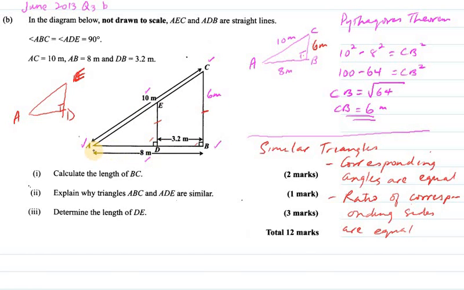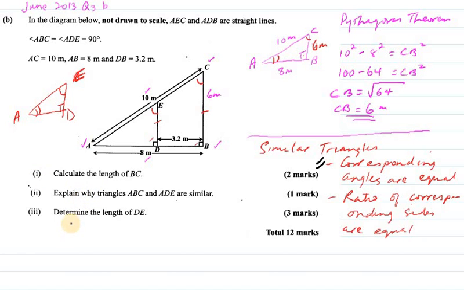They are perpendicular to the line AB. So if they are parallel, that means that this angle here is equal to this angle over here, which are corresponding angles, and we have the angle A, which is common to both of them. So the triangles are similar because the corresponding angles in this case are equal. Again, two properties for similar triangles: the corresponding angles are equal and the ratio of corresponding sides are equal.